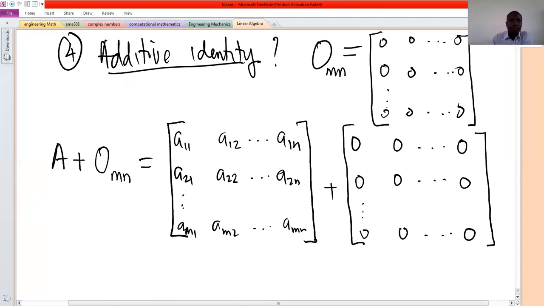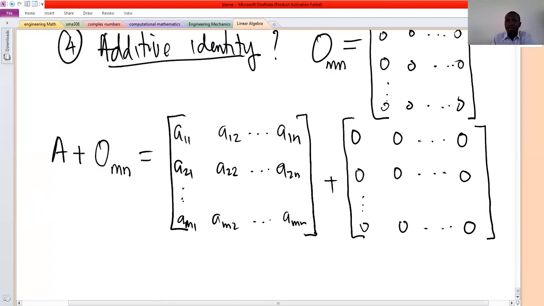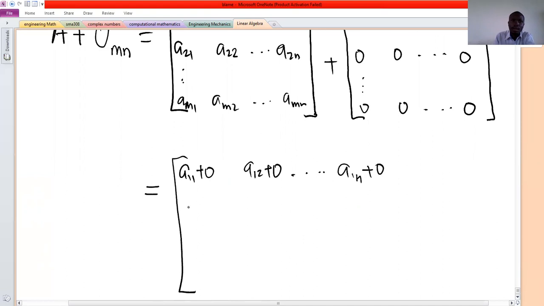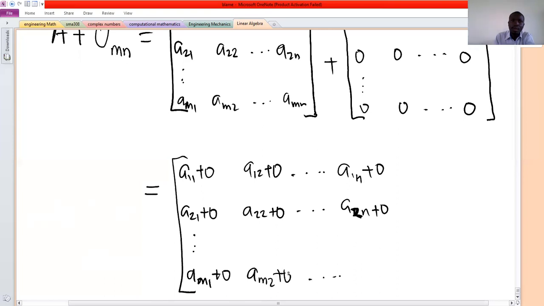Now, because this matrix and this matrix have the same order, we can always get the sum. So this would be the same as A11 plus 0, A12 plus 0, all the way up to A1n plus 0, A21 plus 0, A22 plus 0, all the way up to A2n plus 0, and then AM1 plus 0, AM2 plus 0, all the way up to AMN plus 0.